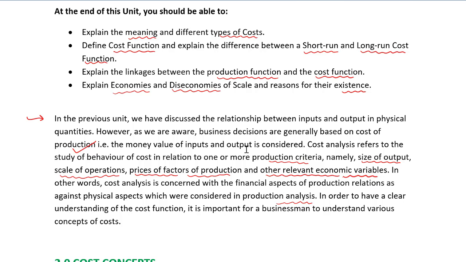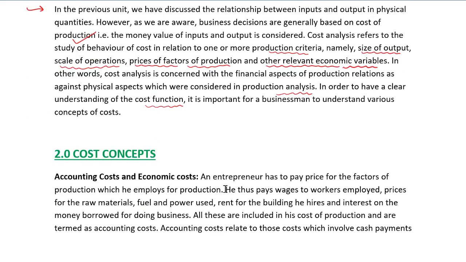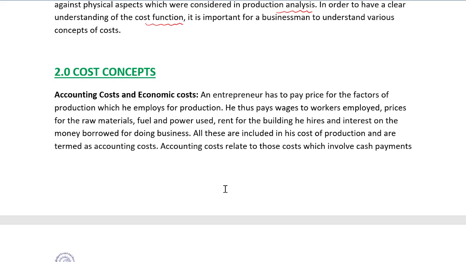In order to have a clear understanding of cost function, it is important for the businessman to understand the various concepts of cost. Let us begin with the first concept of cost, and that is accounting cost and economic cost. What is accounting cost?